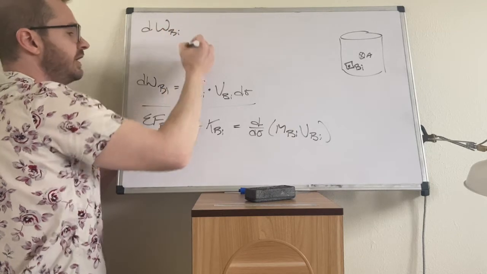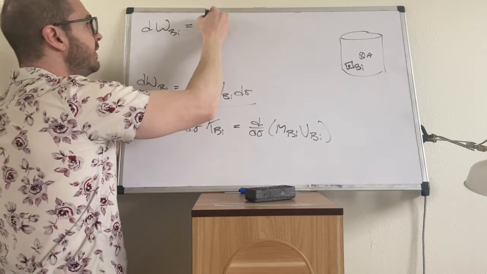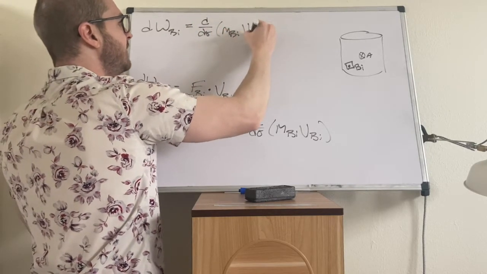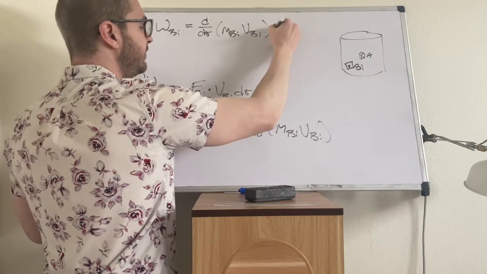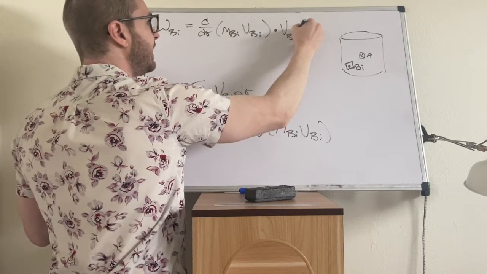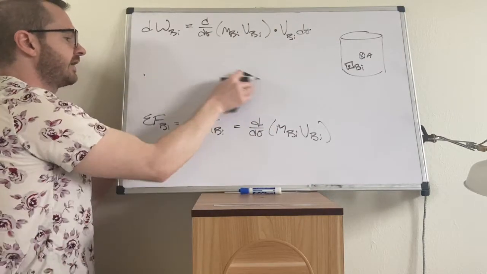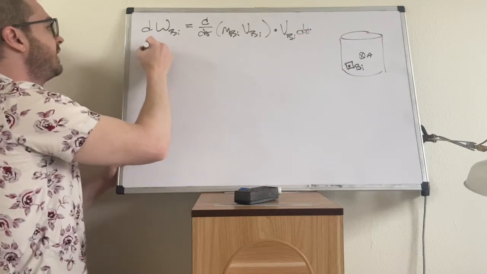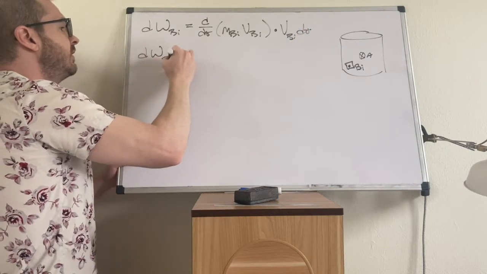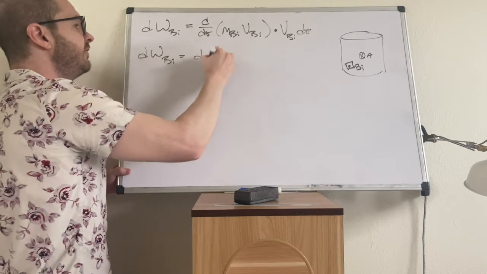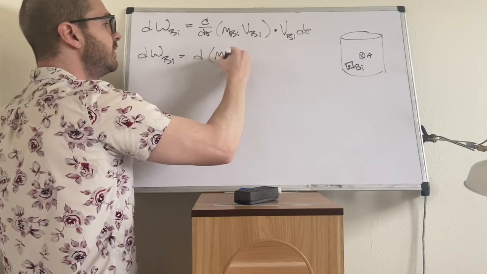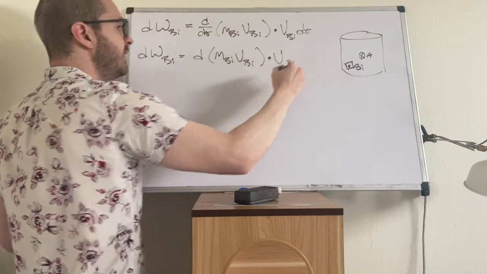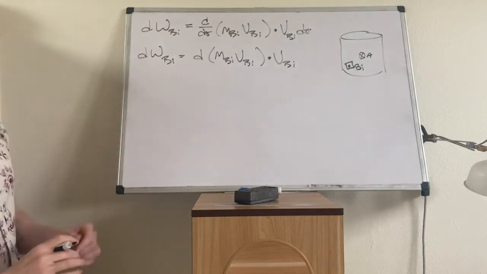So the change in work is equal to ddt of MBI VBI dotted with VBI dt. Next, we can cancel the dt on both sides, and let's say that dWBI is equal to, now this is just the differential, MBI VBI dot VBI.